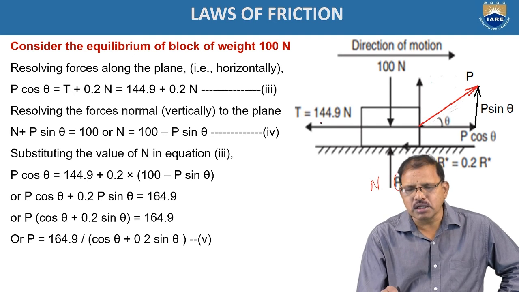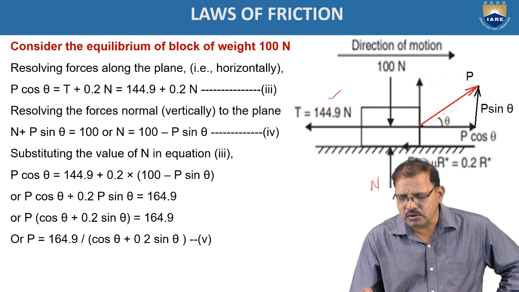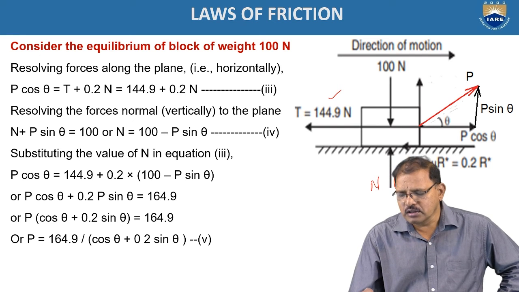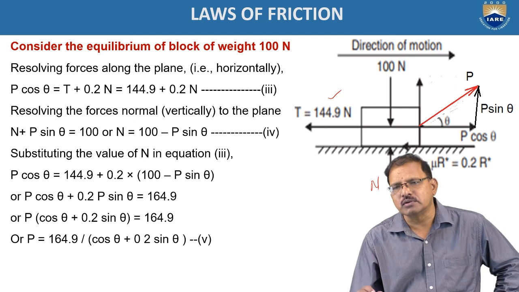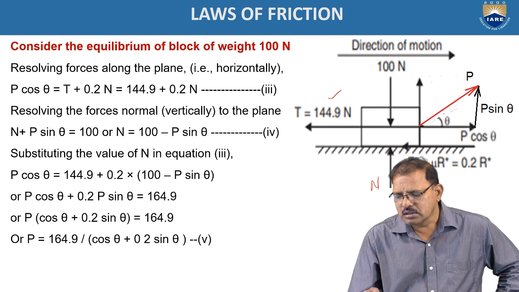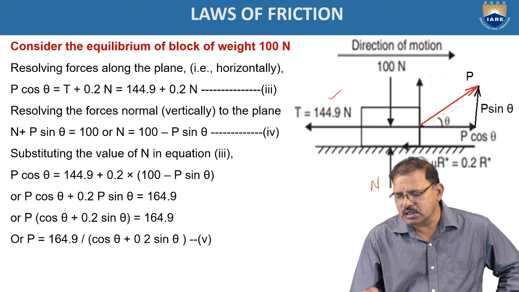The tension is toward the left side, which we already determined, equal to 144.9 Newtons. The friction force is acting toward the left side because the body tends to move toward the right side. The P force is given, which makes an angle of theta. That is resolved into two components, P cos theta and P sin theta.